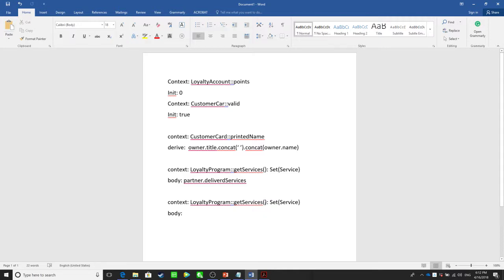It's basically not returning you all the services provided by all the program partners. It only returns you a service, say provided by Delta, or it only returns you a service provided by a gas station. Okay, then we need a parameter to specify which partner service we want.